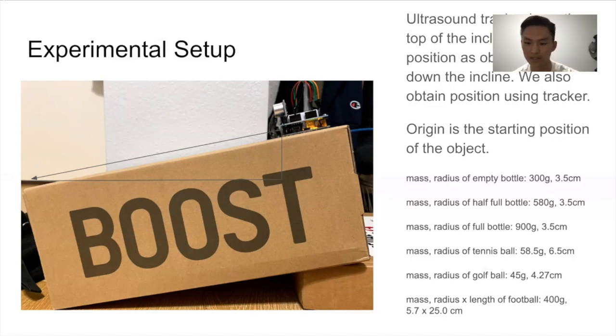The tennis ball is 58.5 grams, 6.5 centimeters. The golf ball is 45 grams and 4.27 centimeters. The mass, radius and length of the football is 400 grams and 5.7 by 25.0 centimeters.